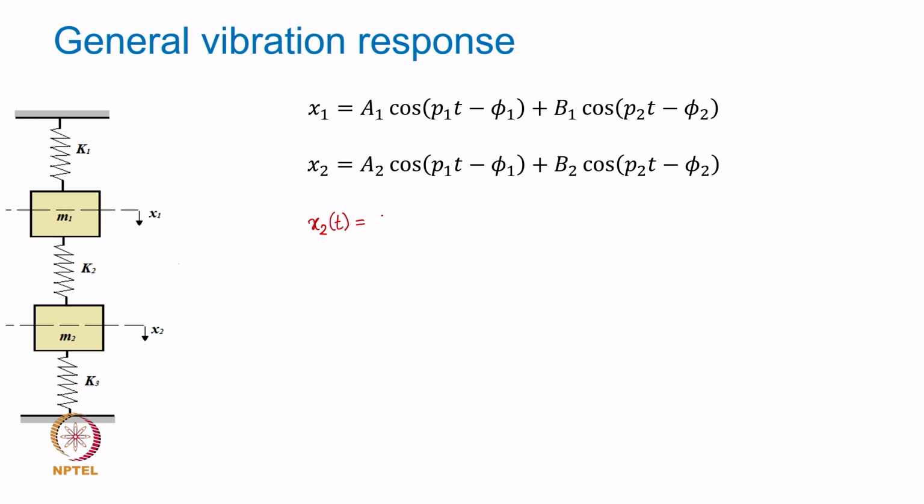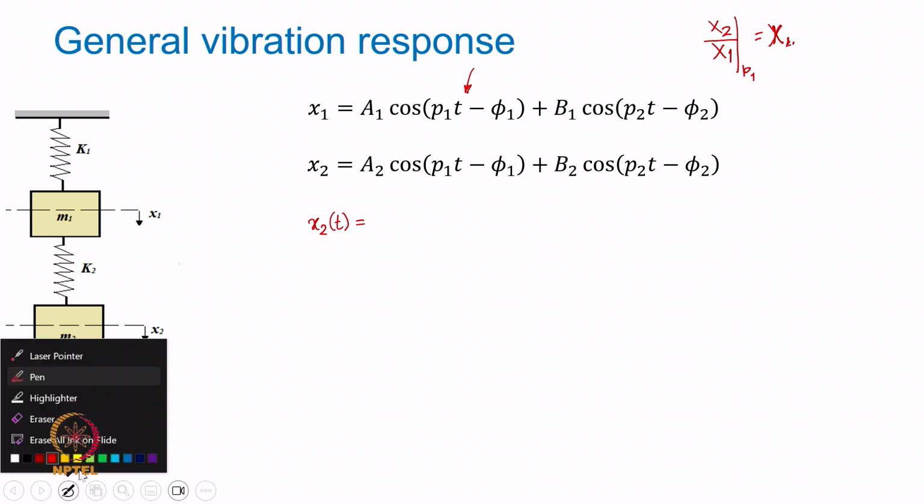So, x2 I can write, because at all times if the contribution is coming from the first mode, we all know that x2 upon x1, if the motion is happening in the first mode, honors a particular amplitude ratio, xr1.